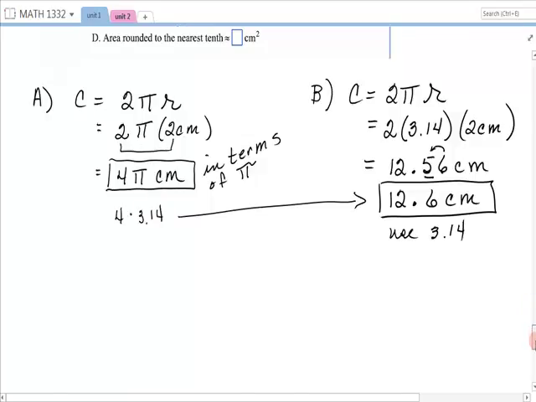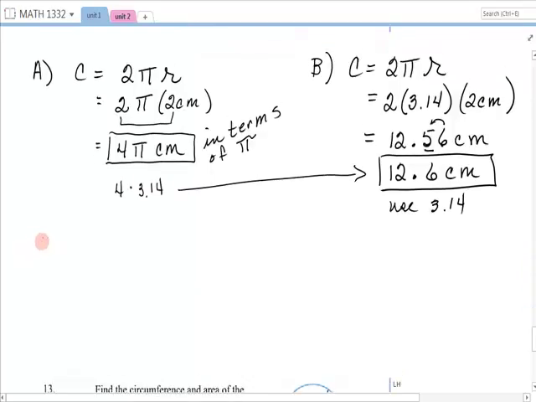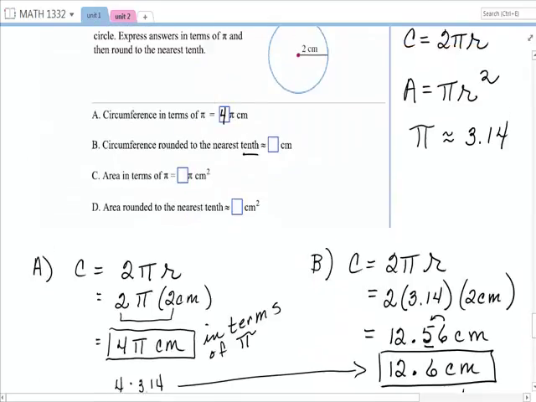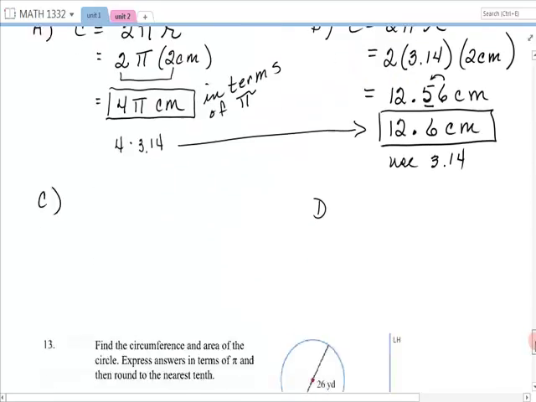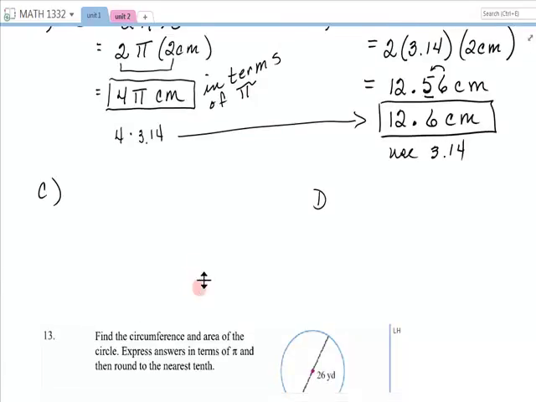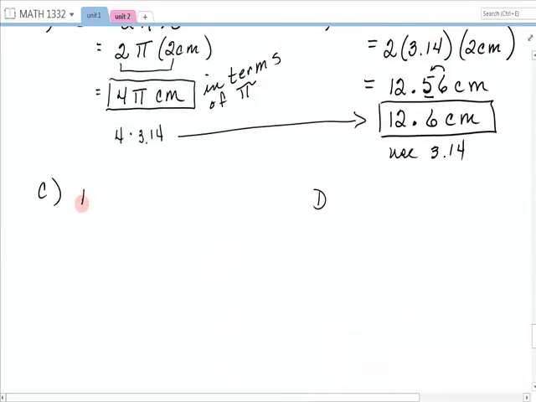The second part, C and D, says find the area. Do the same things, but find the area. Area formula is pi r squared. Leaving pi for part C. Pi times 2 centimeters squared.